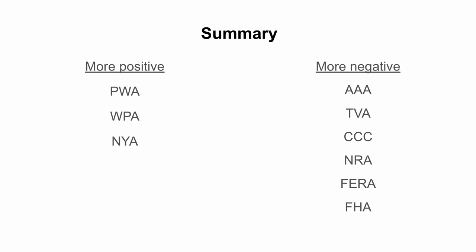So just in summary, the way to think about it in terms of your revision is just highlighting which are more positive and which more negative. The PWA, the WPA, and the NYA, certainly in my reading of it, are much more positive for African American civil rights. The more negative ones you can see in the list there: the AAA, TVA, CCC, NRA, FERA, and FHA.